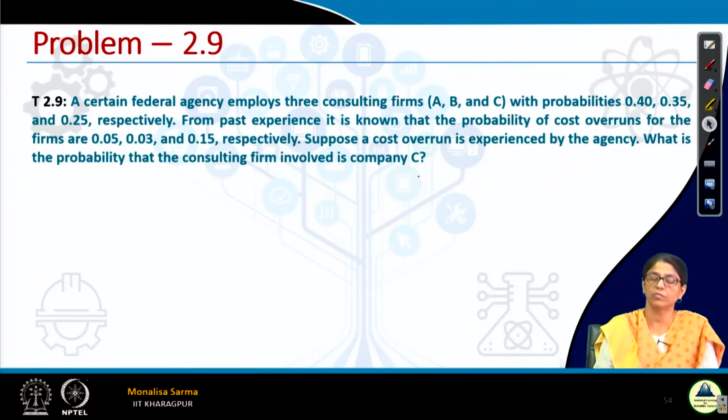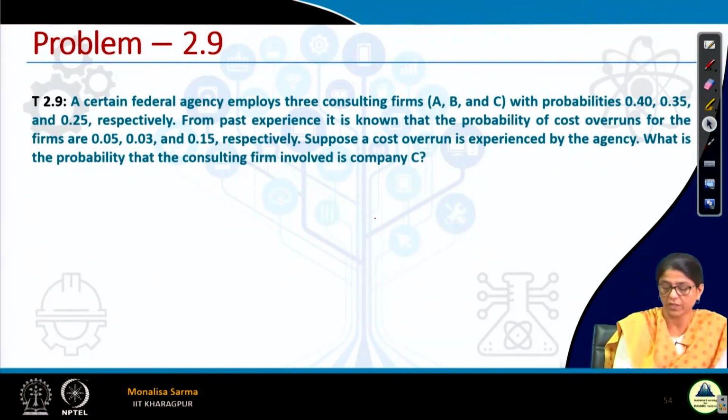Again, this is a question of Bayes theorem. Cost overrun is involved.